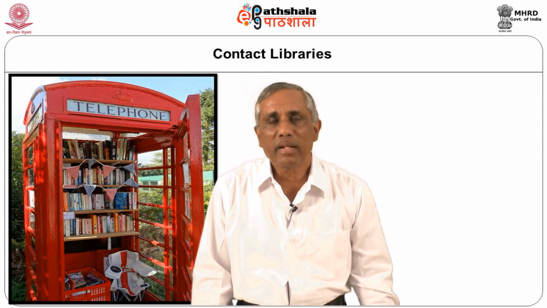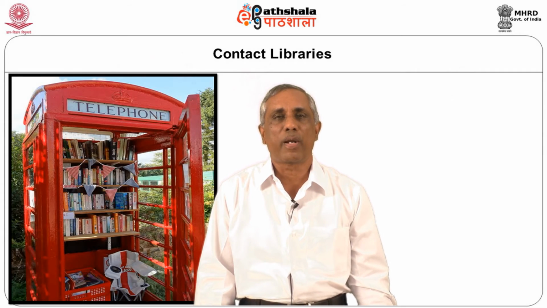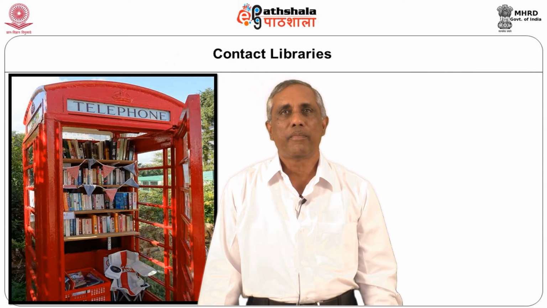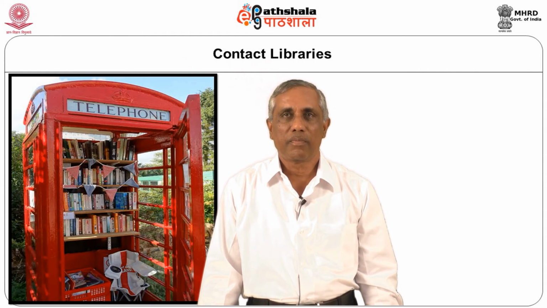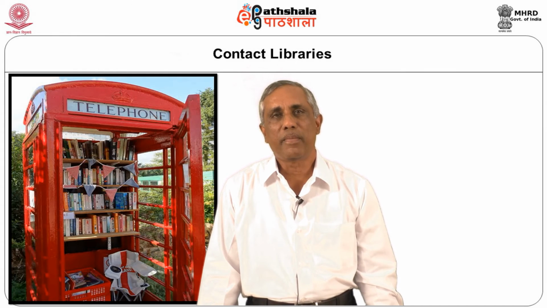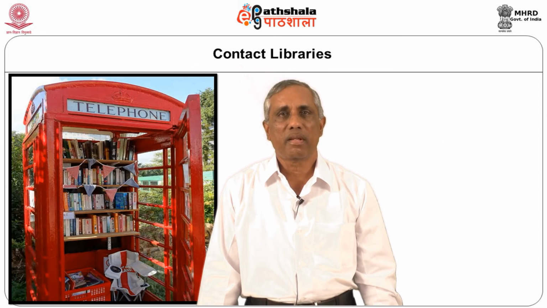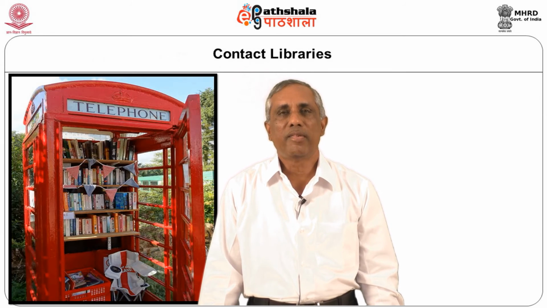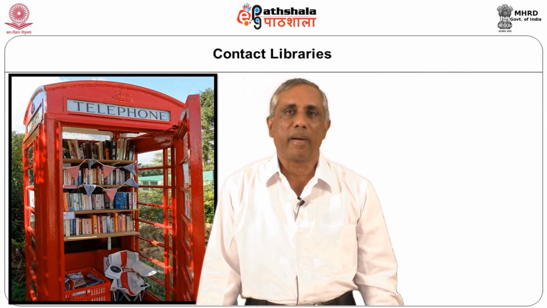American Center libraries are available in Delhi, Madras, and Bangalore. Whereas the British Council libraries have their head office in Delhi, regional office in Madras, and branch offices in Bangalore, Mumbai, and Trivandrum.